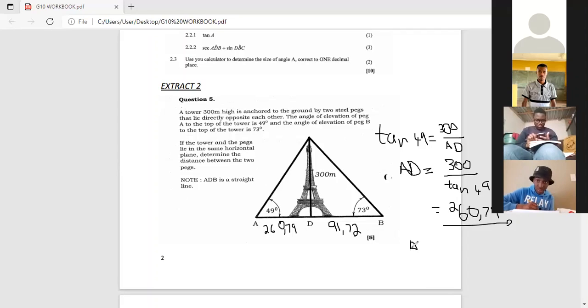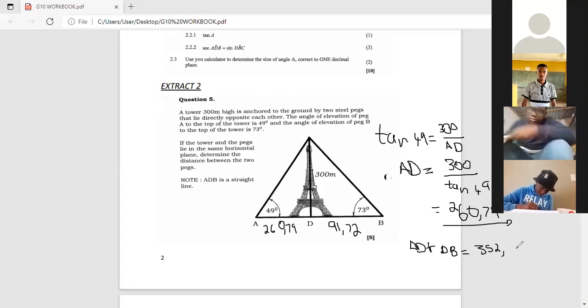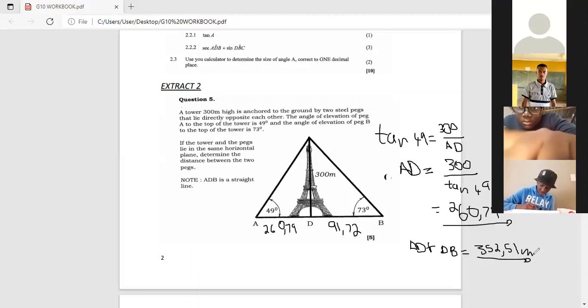So AD plus DB equals 352.51. These are in meters.